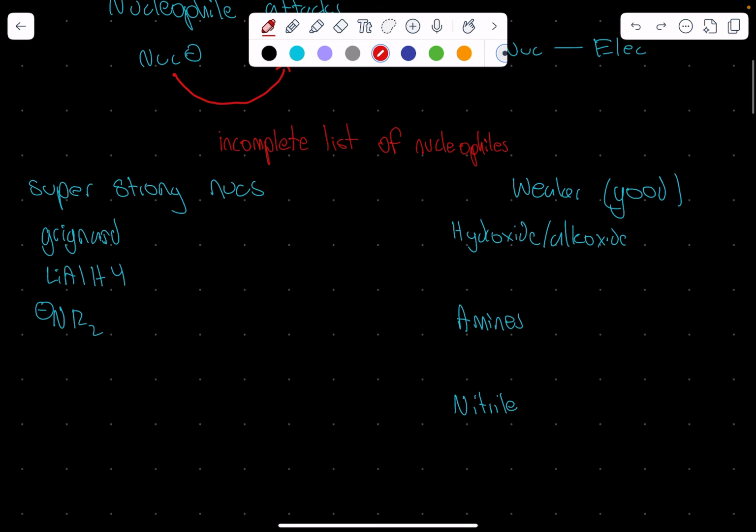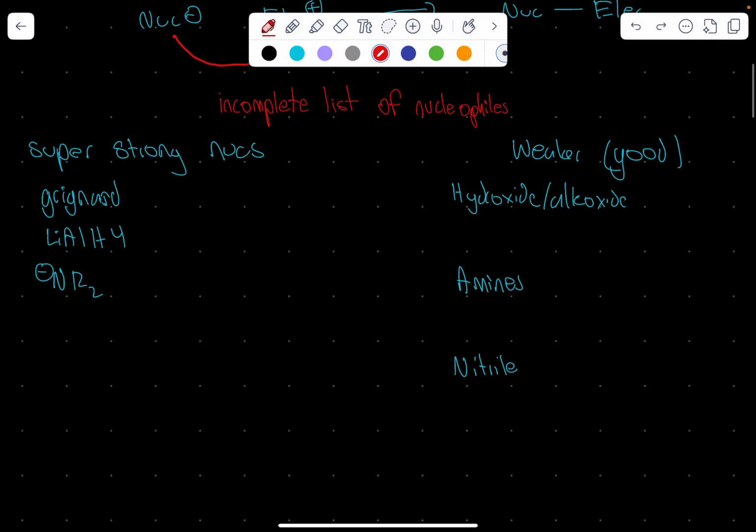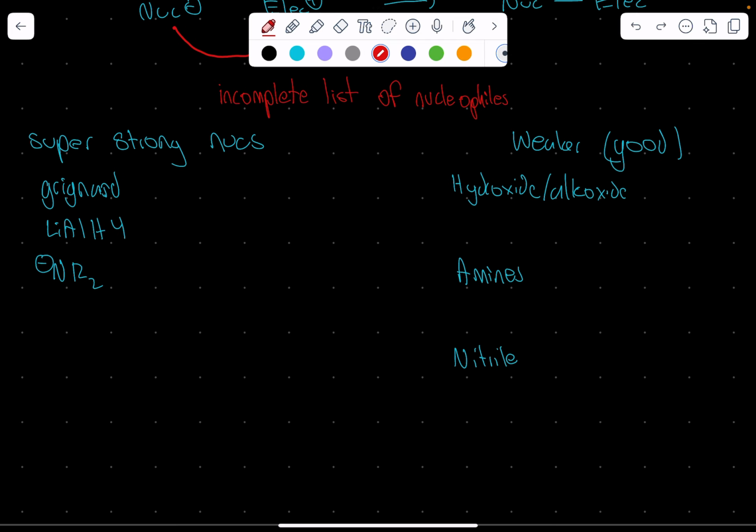Now let's talk about some of the nucleophiles you might see in Chem 3B and might already be familiar with from Chem 3A. Starting with our super strong nucleophiles, we have the Grignard reagent, which is a carbon connected to magnesium and bromine. It's similar to a carbanion, which is a negative charge on a carbon.